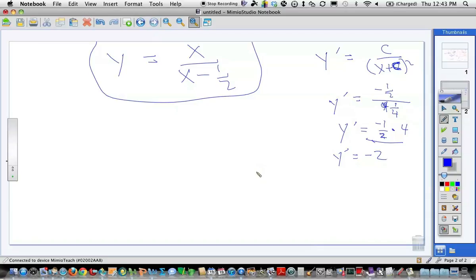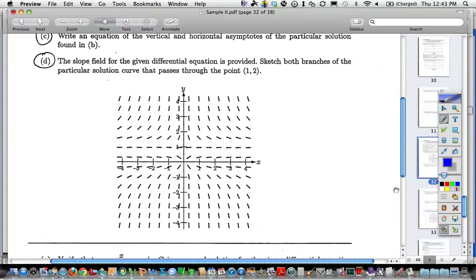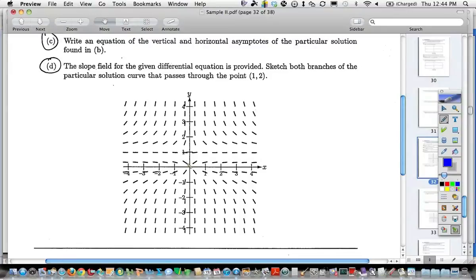So that means back on this slope field, in the solution that I'm going to be looking for, at (0, 0), I've got a slope of negative 2. So I'm going to have a slope of negative 2. That curve is going to be going down.